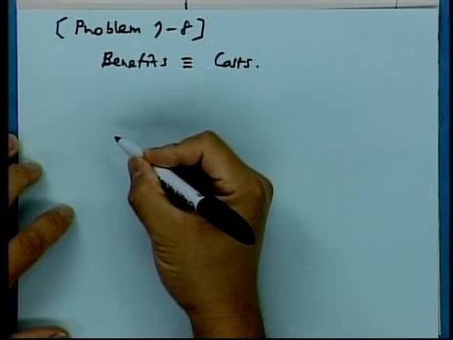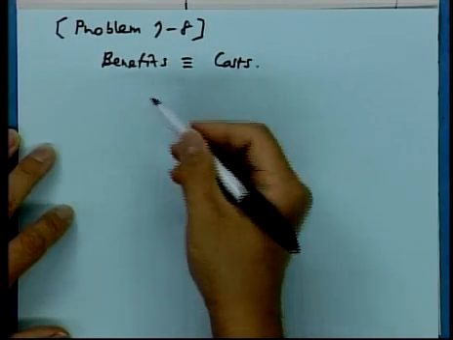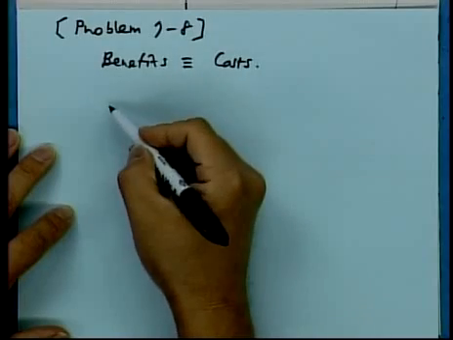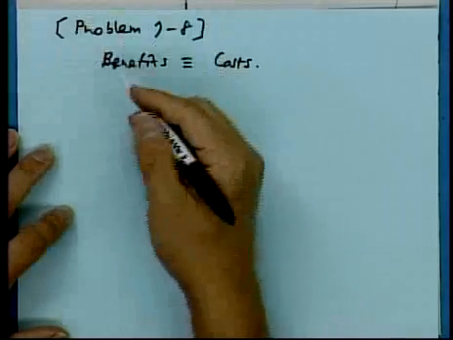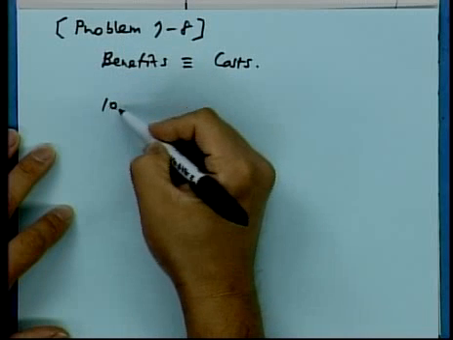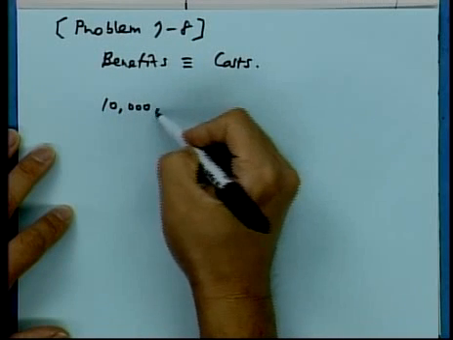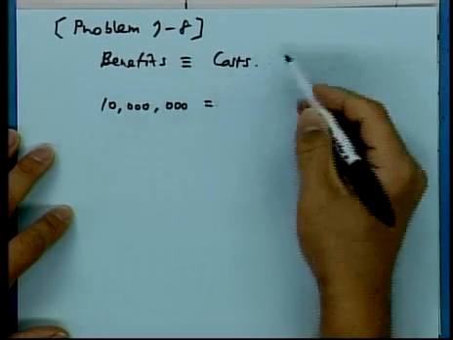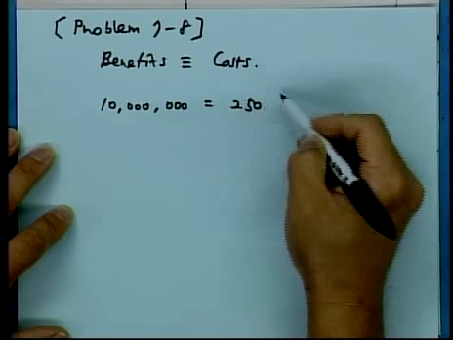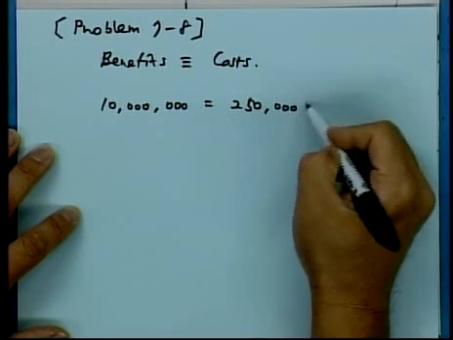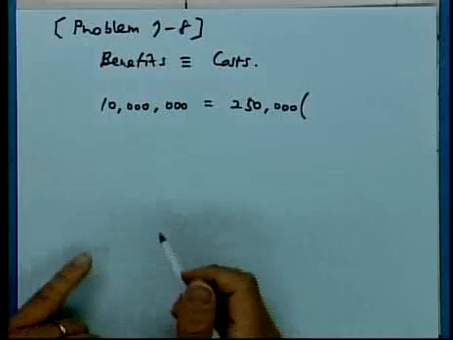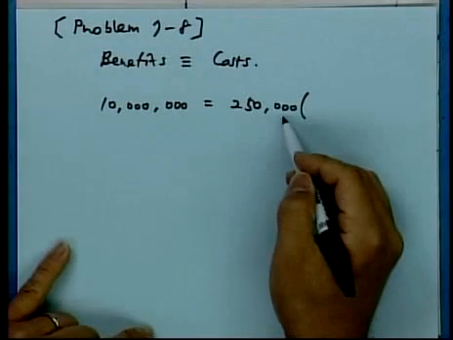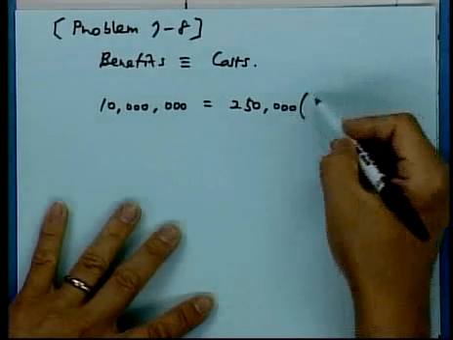So here we have $10 million equals $250,000, but you need to convert this to the equivalent future sum.